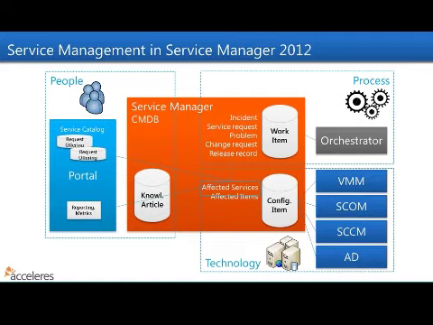And one of the tricks here, if you can see, I've got a lot of lines on here, but I'm drawing a lot of stuff back to affected services. I mentioned earlier, it's very easy to relate different items in Service Manager, and I think that's part of the power of the application. We can relate things back to affected services.